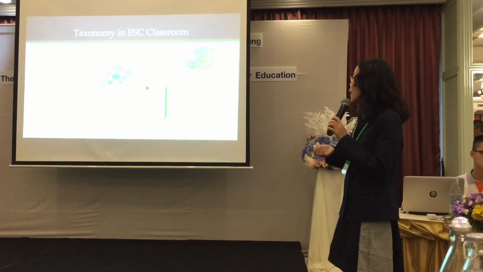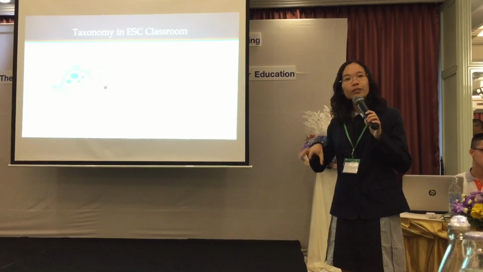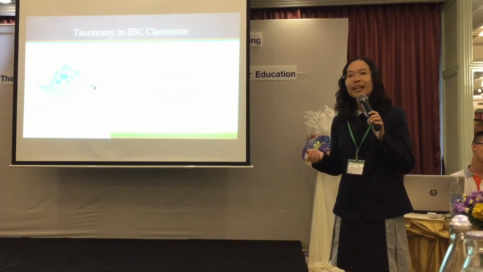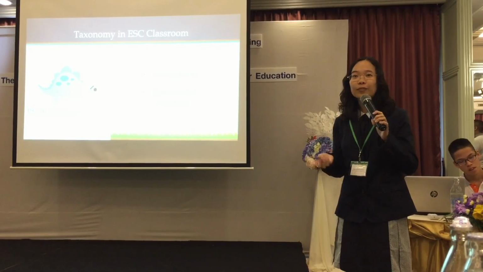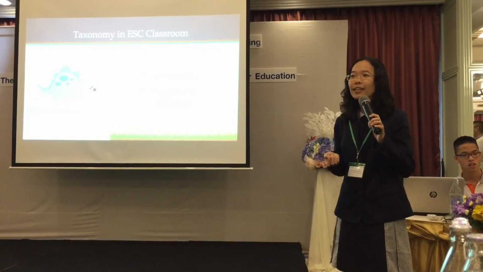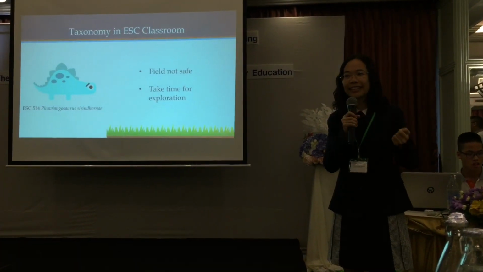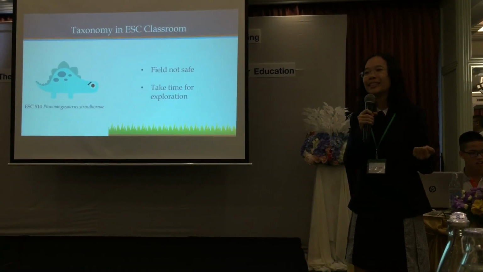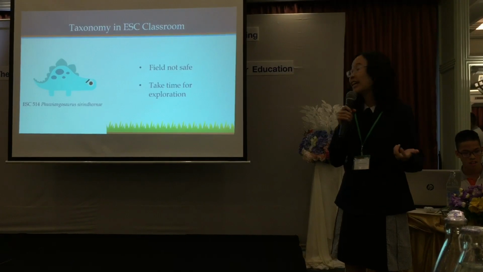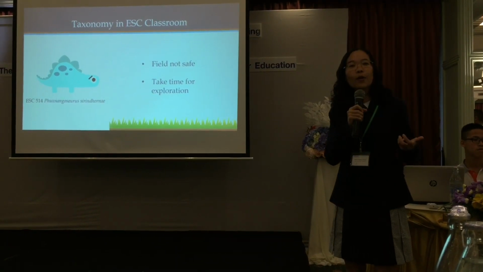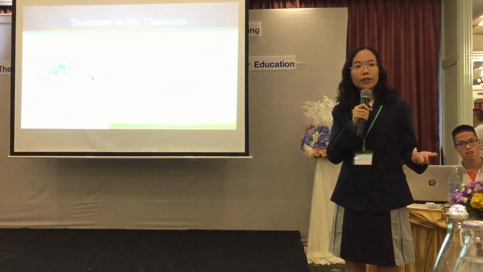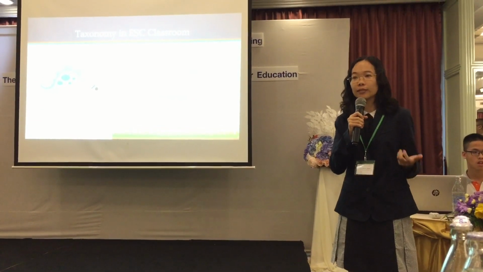The problem that we found is that when students go into the field, sometimes it's not safe, and we faced an accident: one boy was bitten by a bee, and he was very excited and nervous from his first bee bite. And it takes around 1 month to go into the field and make this study.